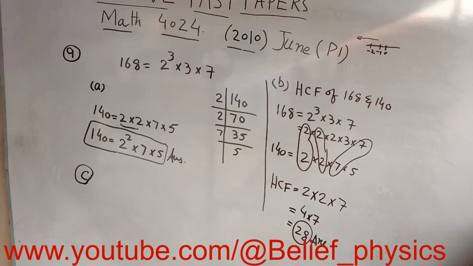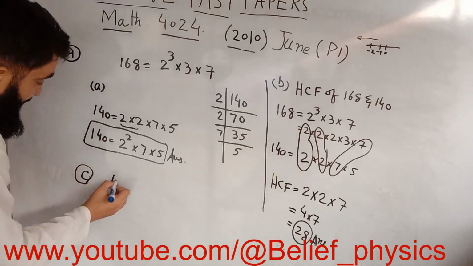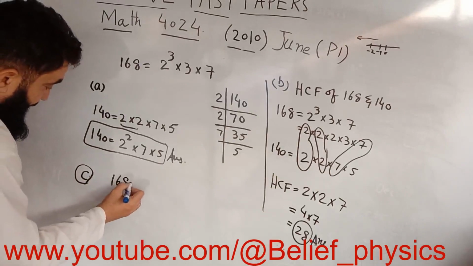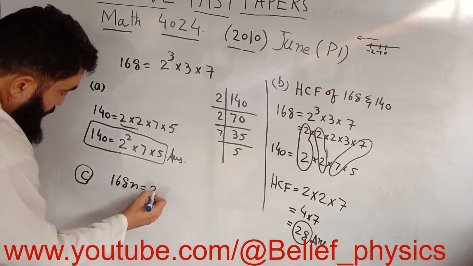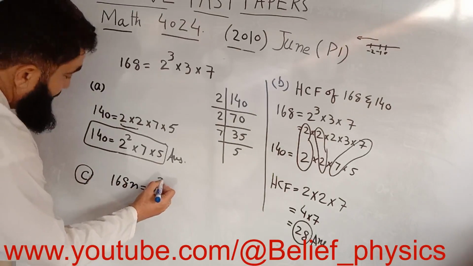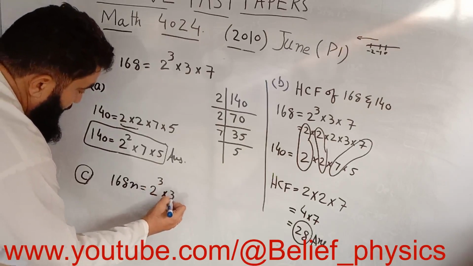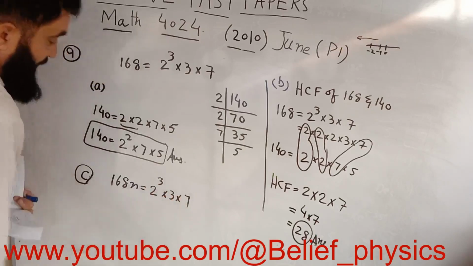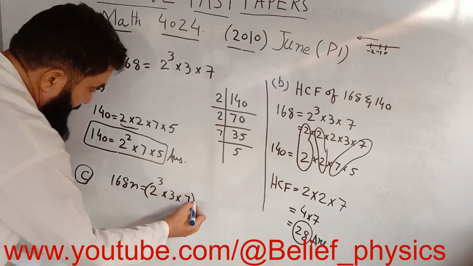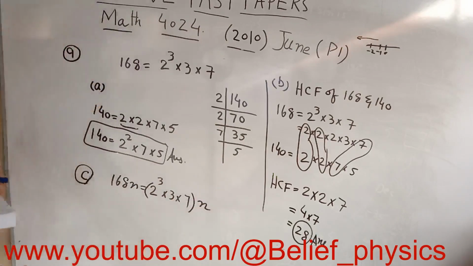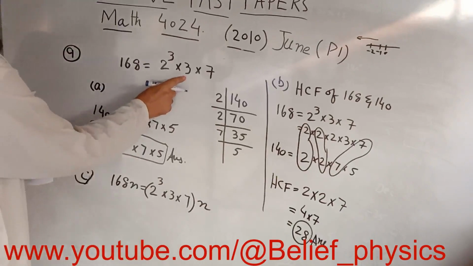find the smallest positive integer n such that 168n is a square number. Now 168n can be written as 2 power 3 into 3 into 7 into n, because 168 can be written as 2 cube into 3 into 7.